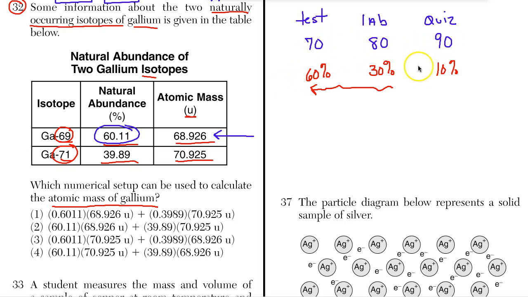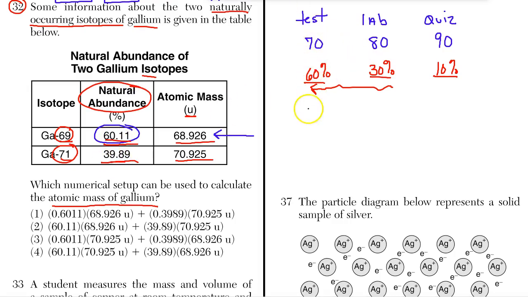So to actually come up with the value, given these weights, and I say weights, but that's also really natural abundances here, I would take 60% of 70, so take my 70 times 0.6, because I'm moving the decimal place 2 places.